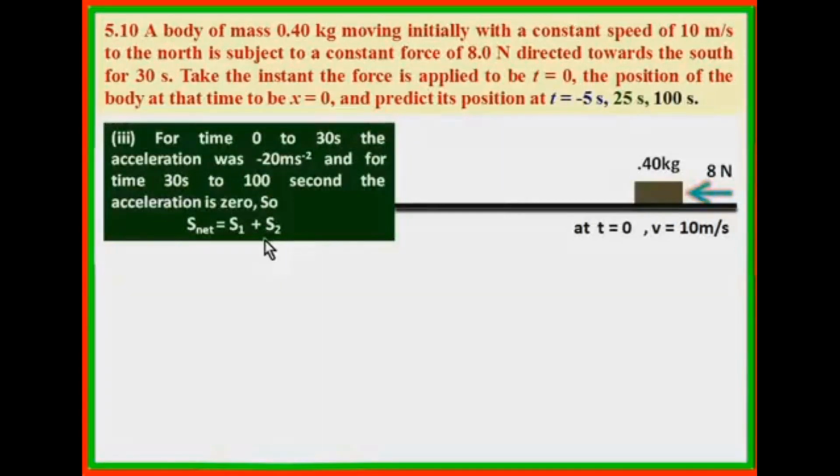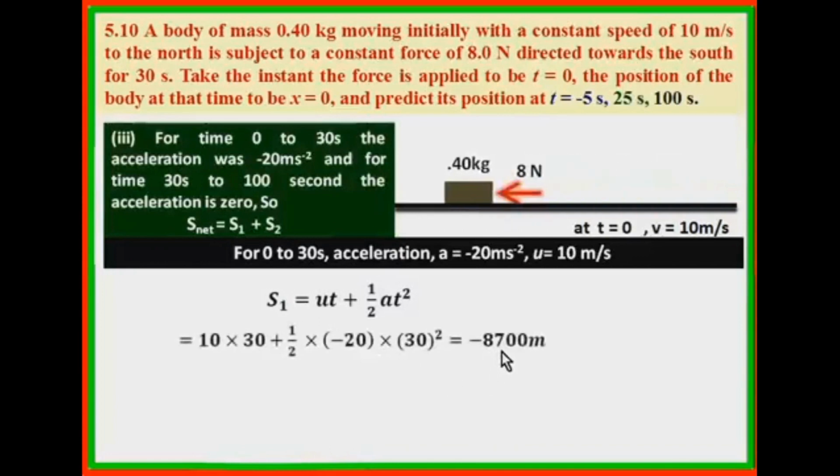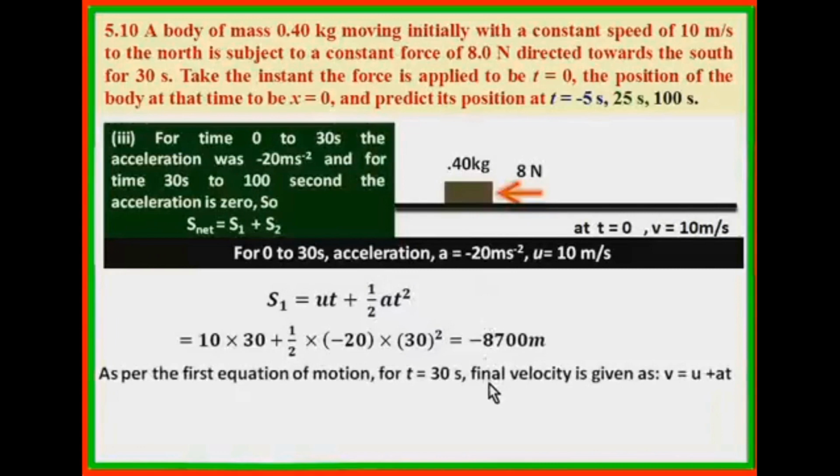We consider the first 30 seconds first. We have the acceleration and the initial velocity, so we substitute into the second equation of motion, which gives minus 8700 meter for the first 30 seconds.